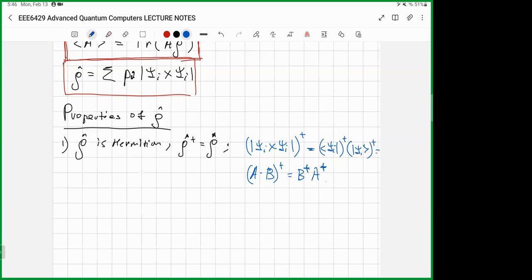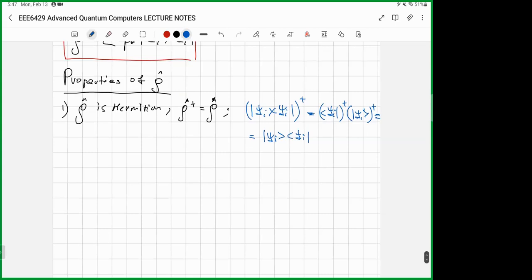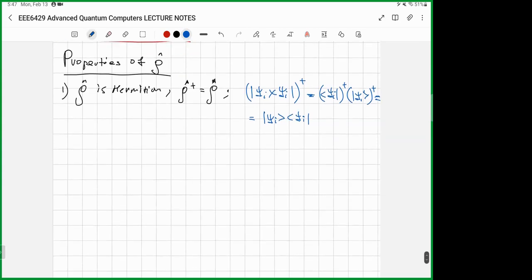Taking the Hermitian conjugation, you have to transpose and make the complex conjugation. That means that the first one will become the bra vector, and the second one will be the ket vector. So it didn't change, of course, because this is the projection operator, as we discussed last week. So this is the Hermitian operator.